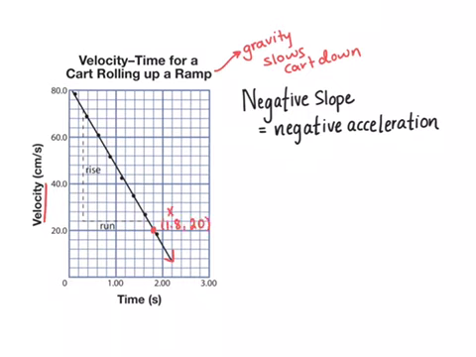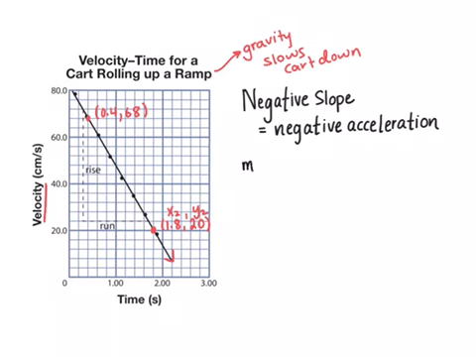And that's going to be x2 and y2. And then I'm going to pick this nice point here, and this point is going to be 0.4 and 68. Okay, so we're going to plug those numbers into our equation for slope.